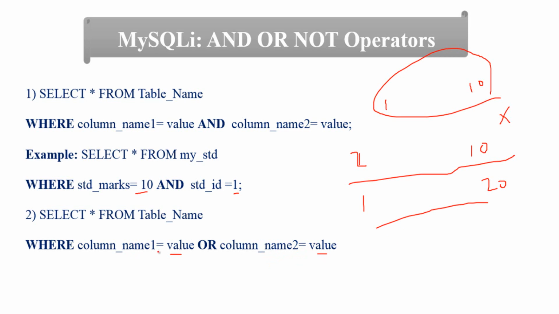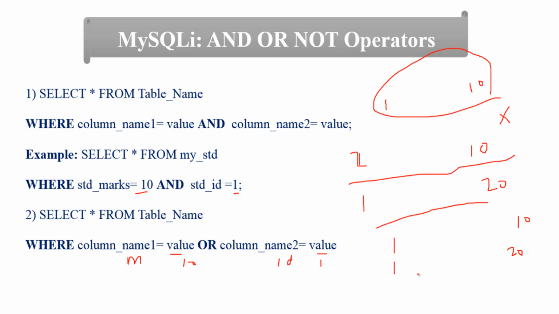For example, in case the value is 10, this is marks and this is id 1; the column names are id and marks. In this case, if id is 1 and marks is equal to 10, then the result should be displayed to the user. If id is 1 and marks is equal to 20, then it also works.